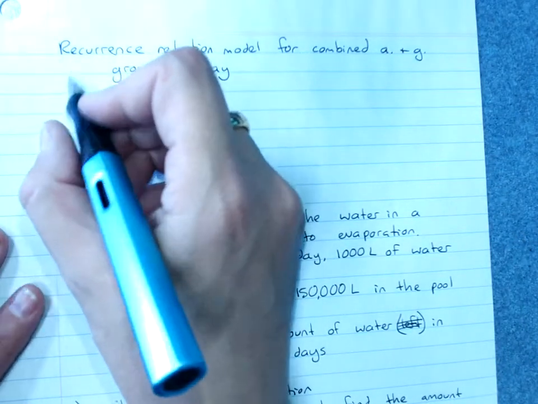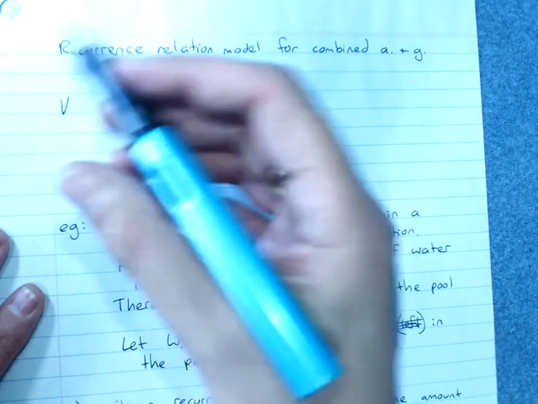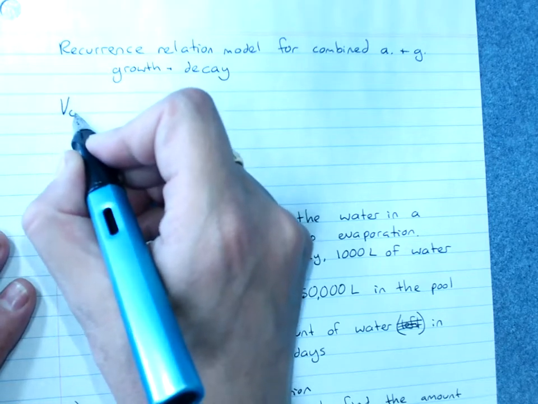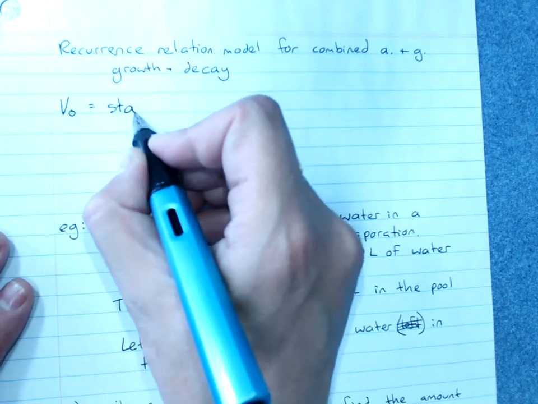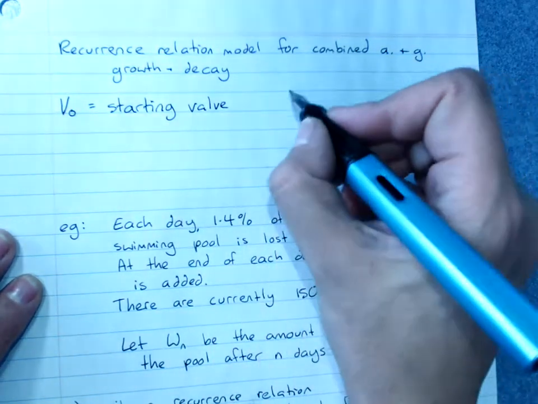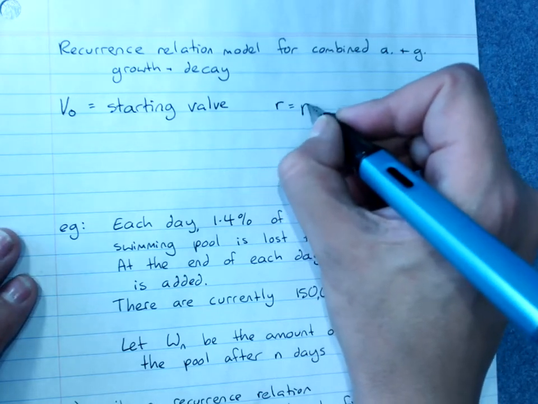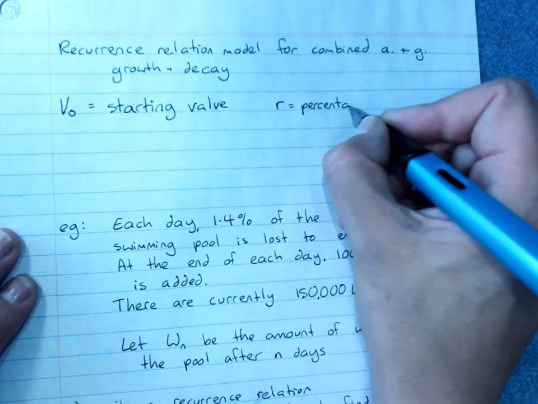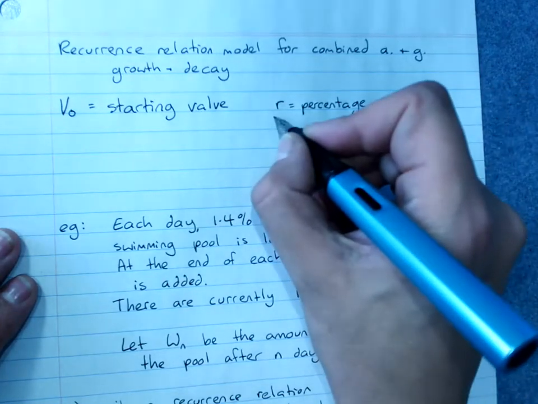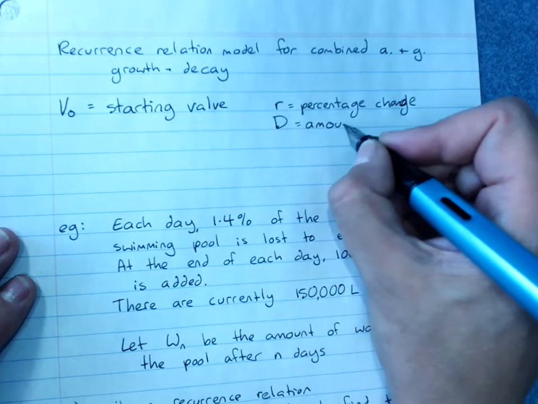So, we use V for value or T for time, whatever they tell you to use, you use it. There's a capital letter V0, the starting value of the sequence. We use little r, percentage change. Capital D, amount of arithmetic change.